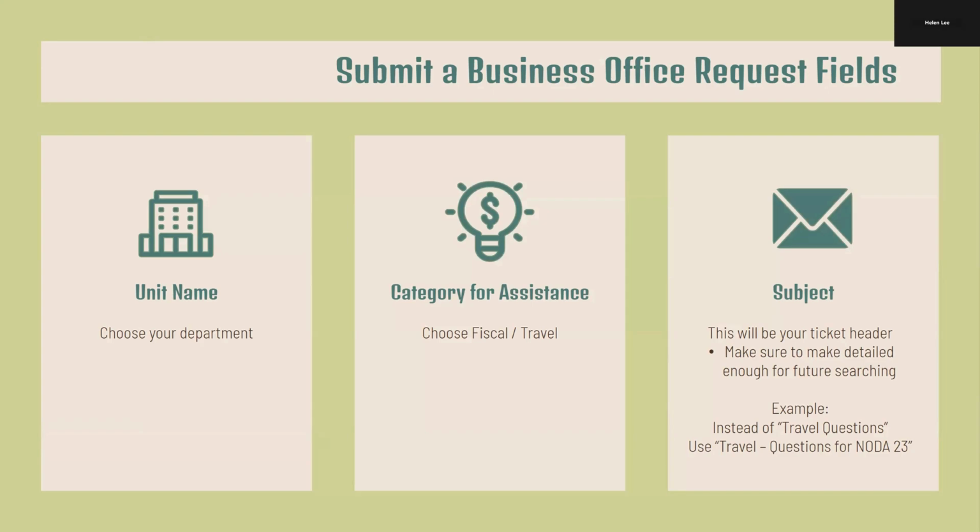The category for assistance will be fiscal travel. And the subject will be your ticket header. We highly recommend that you make this as detailed as possible, so it's easier for you if you want to search for the ticket in the future. So for example, instead of titling it travel questions, we recommend travel questions for NOTA 2023.